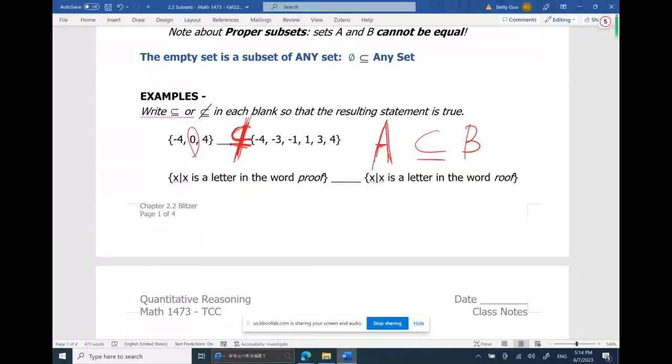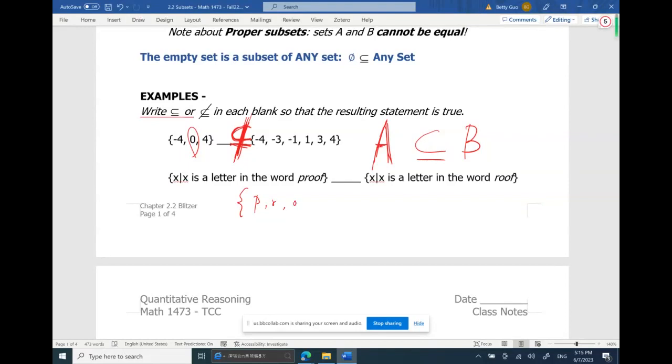And the second one. On the left side, we have X, where X is a letter in the word proof. So basically, the set on the left contains, actually, 1, 2, 3, 4 letters, because there are two O's, and when an element repeats itself, we only count it once.